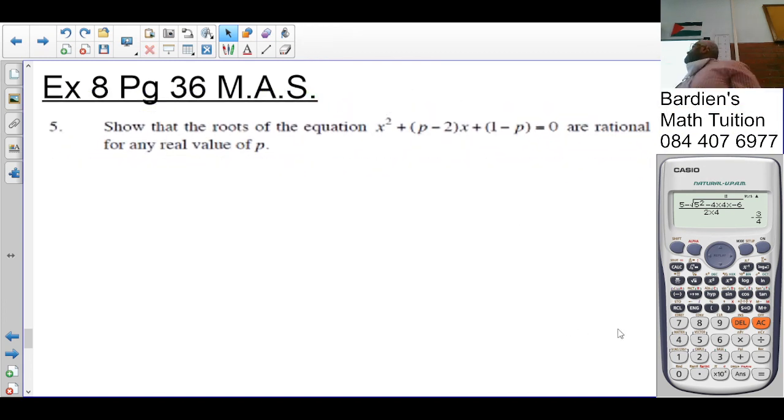So number 5, the question says, show that the roots. Now this is a show that question. It doesn't ask you for which values of p the roots are non-real. This is a different setup from what we had before. The question is, show that. So we already know the fact of the matter is the roots of the equation x squared plus (p minus 2)x plus 1 minus p equals 0 are rational for any real value of p.